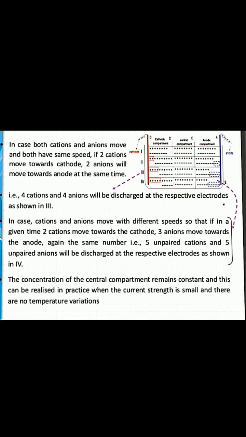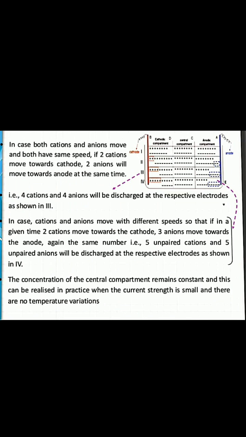So you can see 2 cations move towards the cathode and 3 anions, negative ions, move towards the anode. Again, the number of unpaired ions is 5 in both the chambers. 5 unpaired cations and 5 unpaired anions will be discharged at their respective electrodes.